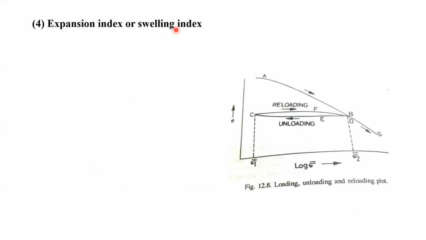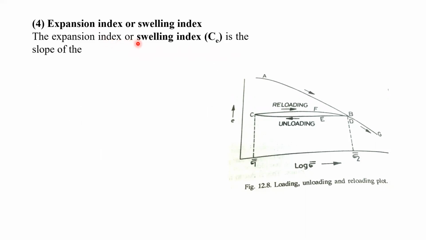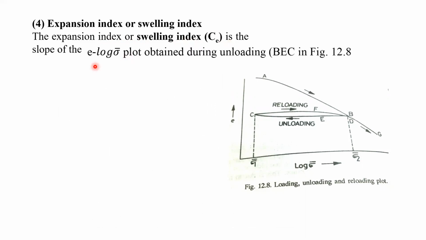Now we shall discuss some other definitions. What do we mean by expansion index or swelling index? The expansion index or swelling index is the slope of the e versus log sigma bar plot, where sigma bar is the effective stress and e is the void ratio.